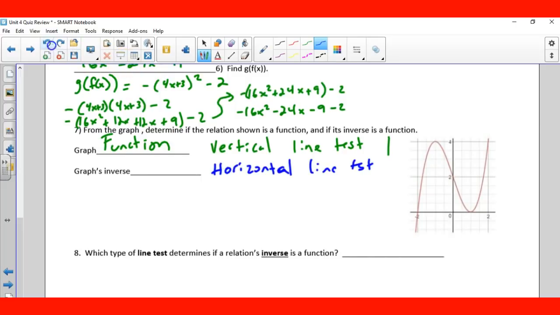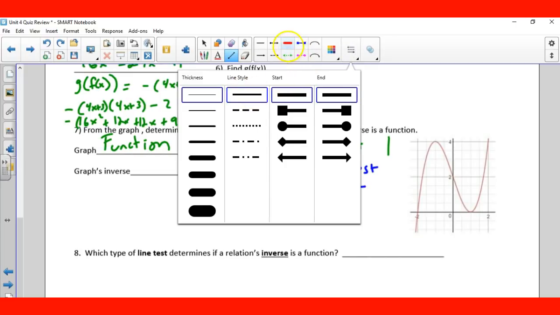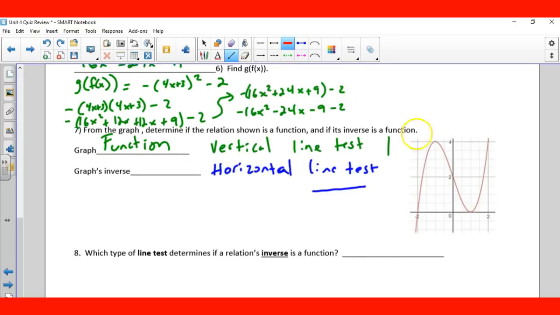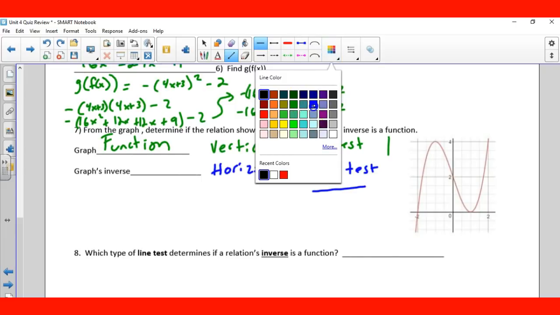With the horizontal line test, you draw a horizontal line like that to determine if its inverse is a function. Okay, so here we go, horizontal line test.